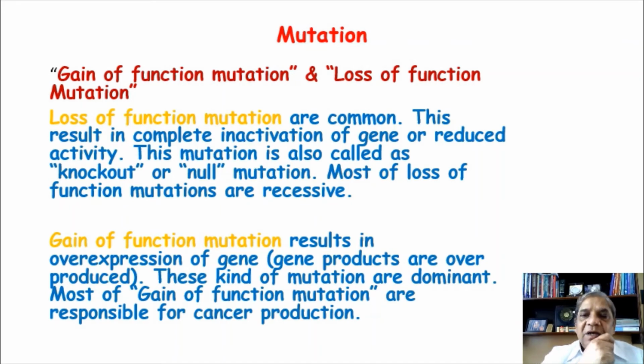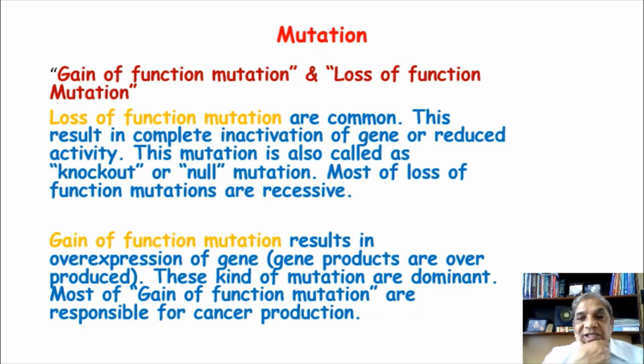Either the whole gene will get inactivated, so whatever hormone, protein or enzyme it was producing will not be produced, or if it does produce, it will be produced with reduced activity or altered activity, having a different effect than the normal.